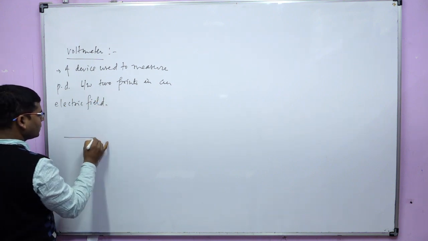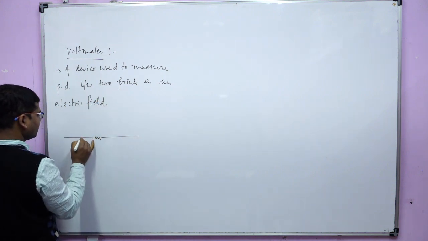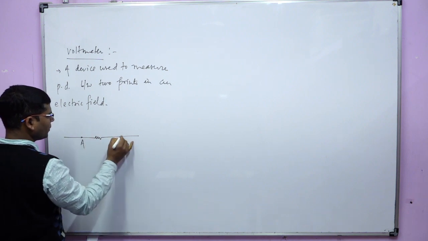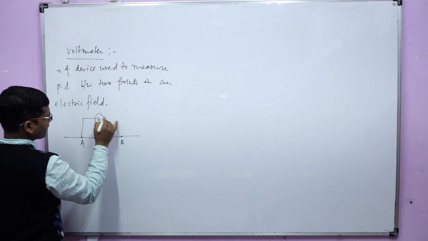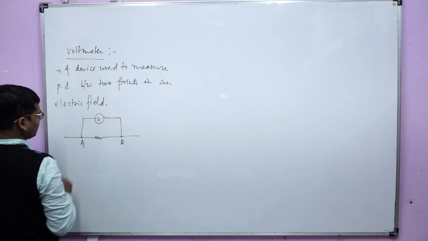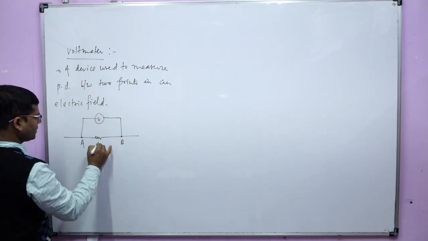Since it has very high resistance, let me say between these 2 points, the voltmeter will be connected in parallel to the resistor.